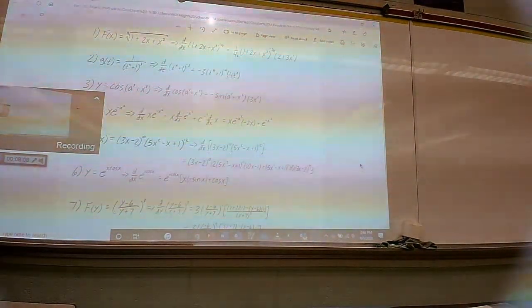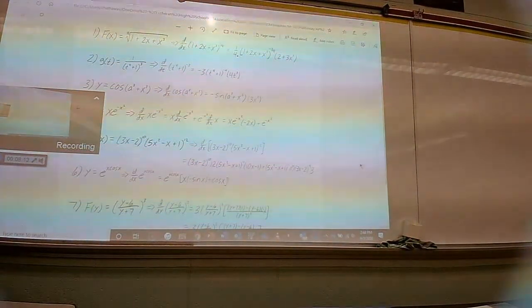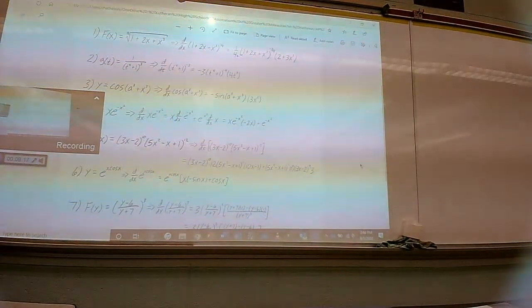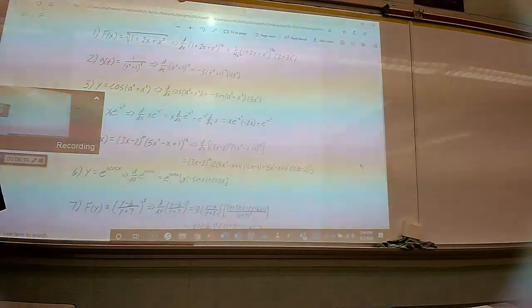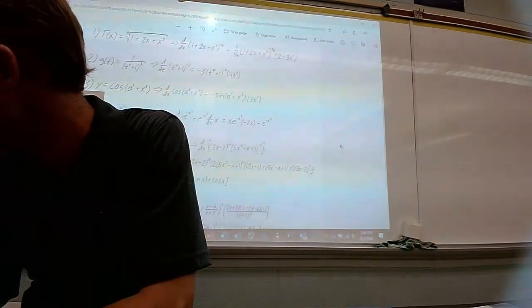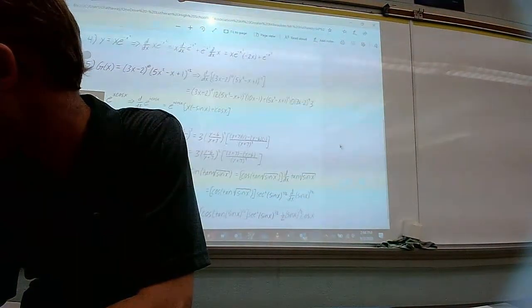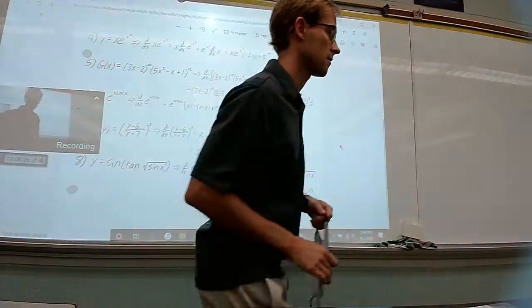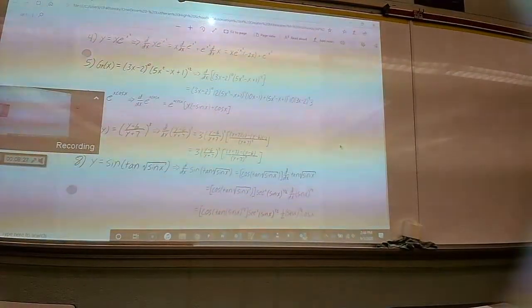So let's do number 8. Cosine 10 times sine 1. Look at how nice this is. Should I move this down to number 8 here? There you go. That's what I had, right? I don't remember. I don't have brackets and stuff, but it makes sense.